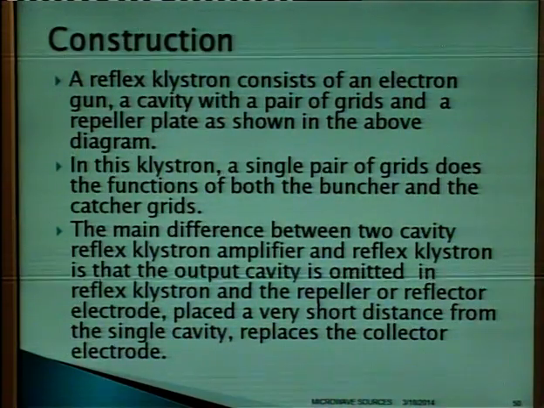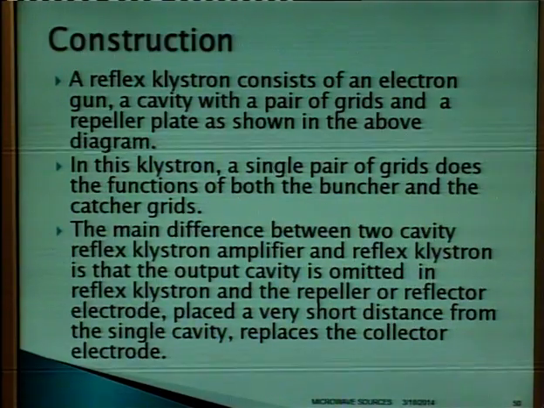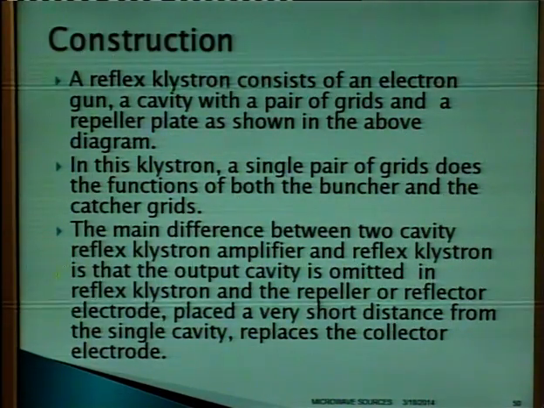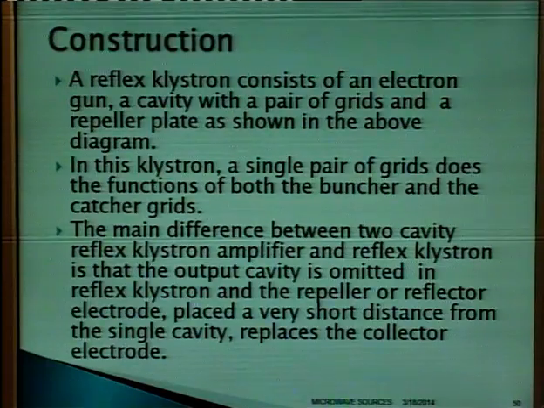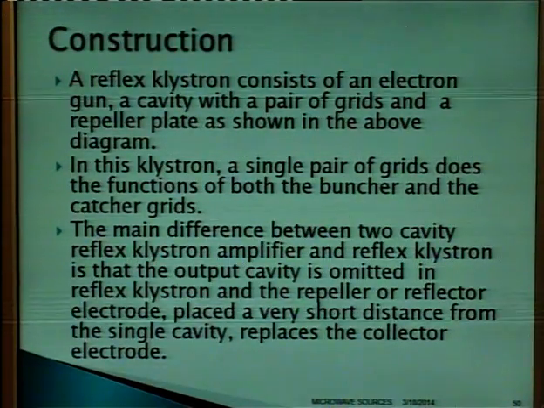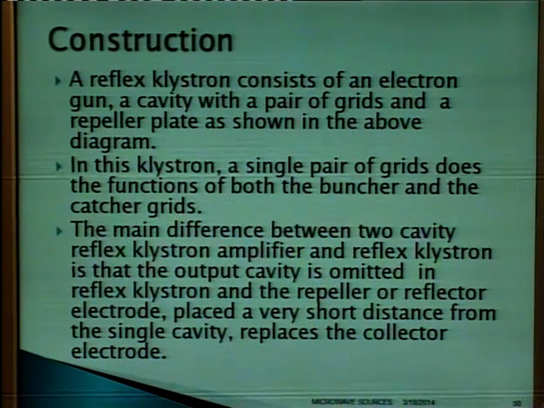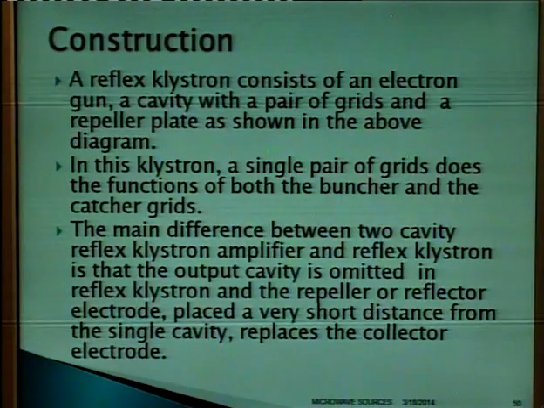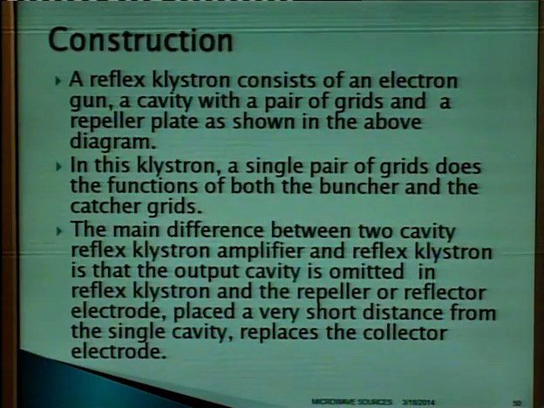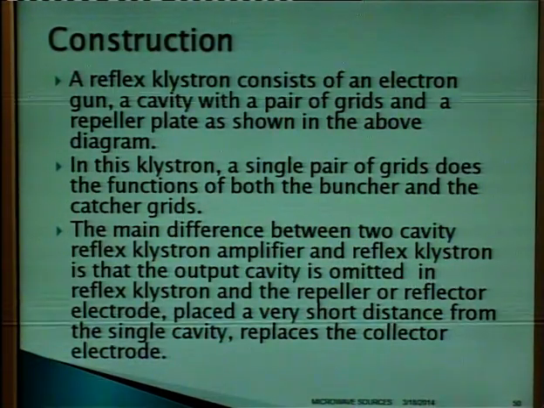From the construction point of view, the reflex klystron consists of an electron gun, a cavity with a pair of grids, and a repeller plate, and in this klystron a single pair of grids does the function of both buncher and catcher. Earlier, in the simple or multi-cavity klystron, we saw two cavities, but over here we are using only one cavity.